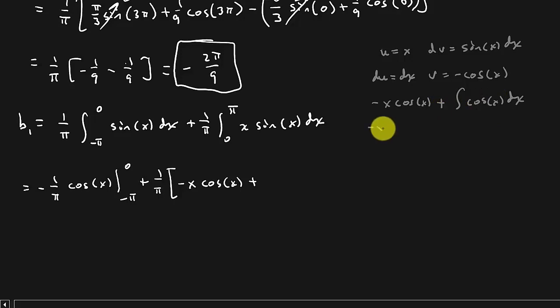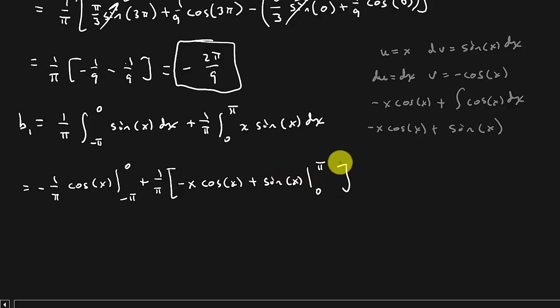So that's going to be -x cosine x plus sine x. Antiderivative of cosine is positive sine. And so that's going to be plus sine x, and that's going to go from 0 to pi.